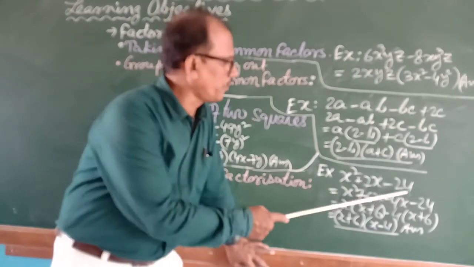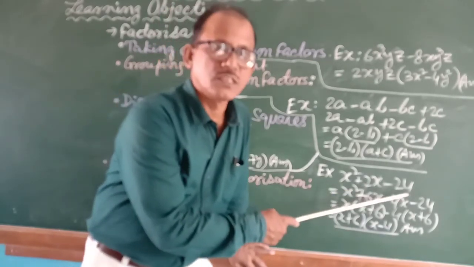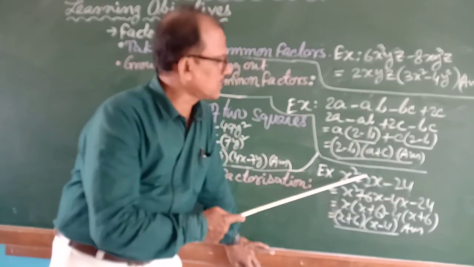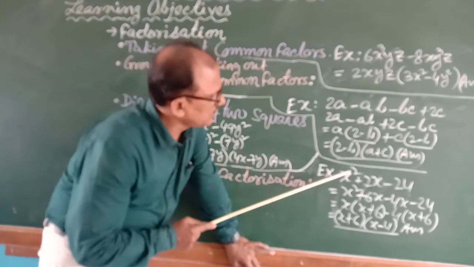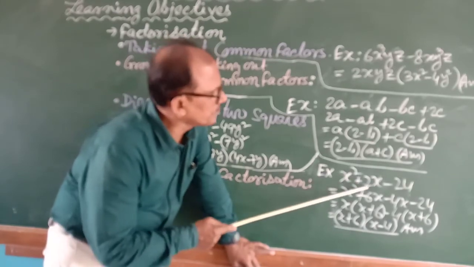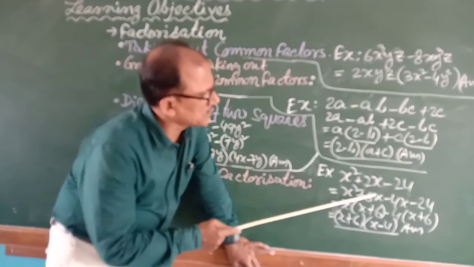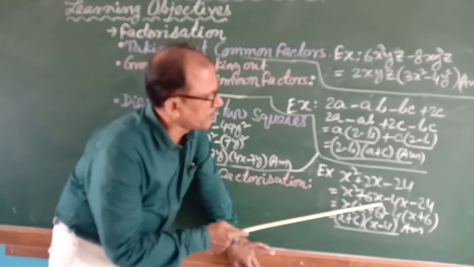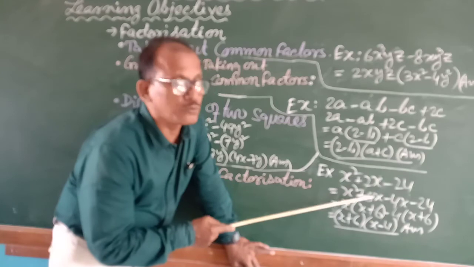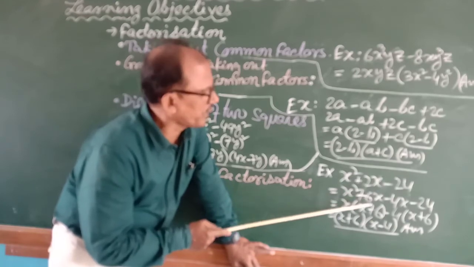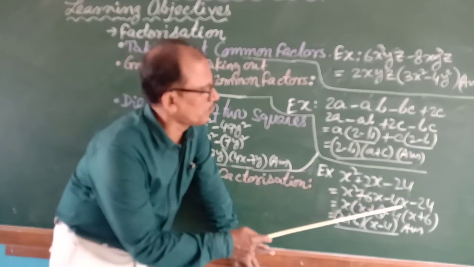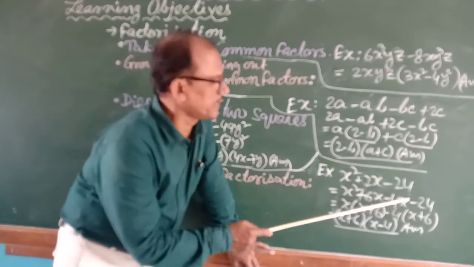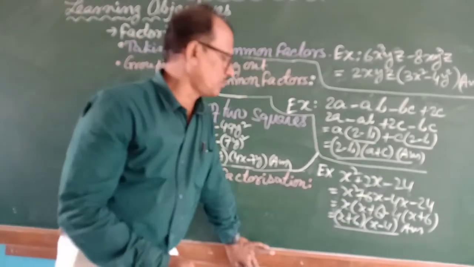But if you split it as 6 and 4, 6 fours are 24, then 6 and 4 on subtraction you will get 2x. So see, x square remains the same, first term remains the same, the middle term plus 6x minus 4x becomes plus 2x. The middle term 2x has been split in such a way, 6x minus 4x, so that the value remains unchanged. Last term will remain the same.